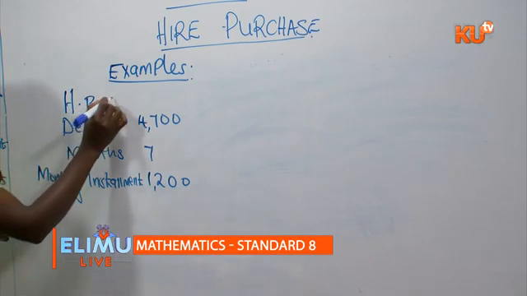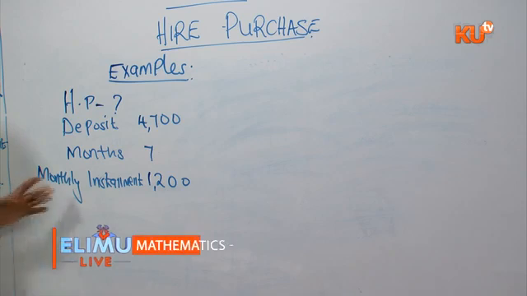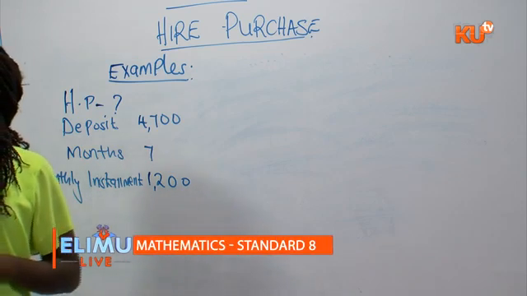We go back here. We are looking for the hire purchase. They have given us the deposit. We have the number of months, and we have the monthly installment.